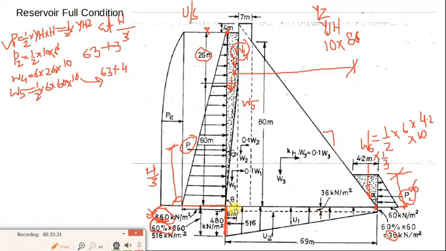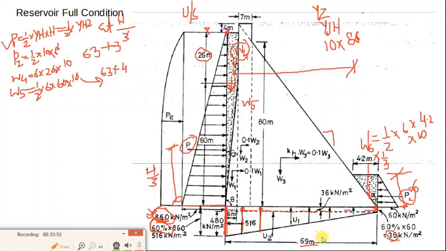The variation of the uplift pressure is linear, so it will be like this, and it is upward, so the pressure diagram is like this. Now in order to calculate the resultant uplift pressure, we have to divide this into two parts. First is a rectangle part, where the width of the rectangle is 36 and the length is 69.